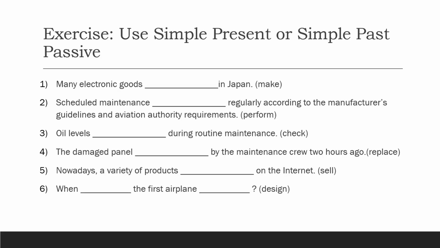Let's practice. Fill in the blanks with the correct form of the verb in the passive voice, using either present or past simple. So we should be careful with the tense. Many electronic goods in Japan. This is a general sentence, so simple present: are made.